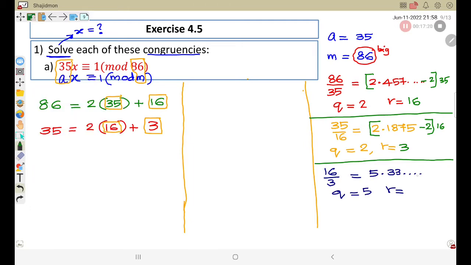What we do, opposite of the quotient, minus 5, multiply the divisor number, that is 3. Already 5.333 in your calculator. So subtract 5, multiply 3, so that you will get remainder equal to 1. So this step we can write 16 equal 5 multiply divisor number is 3 plus 1.